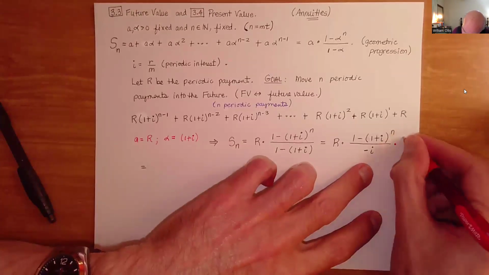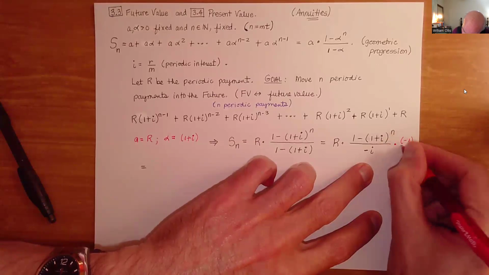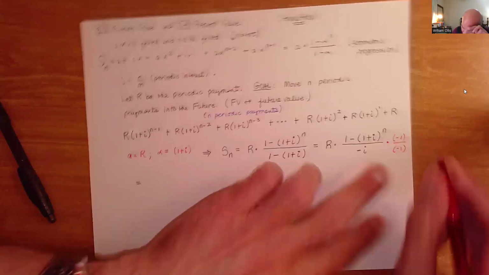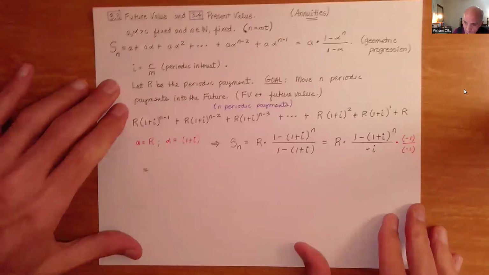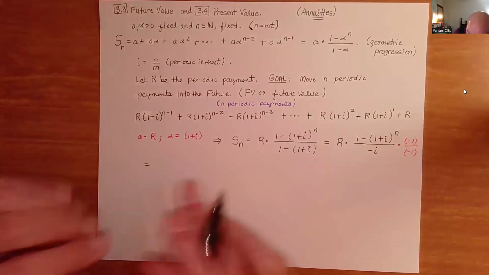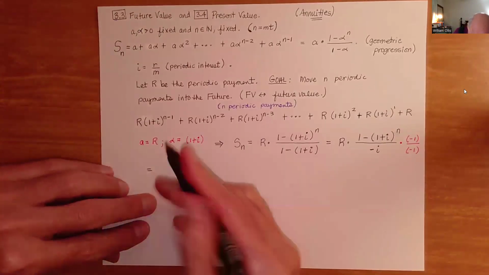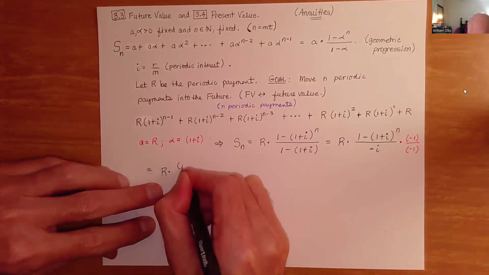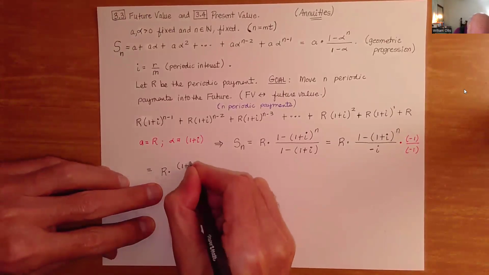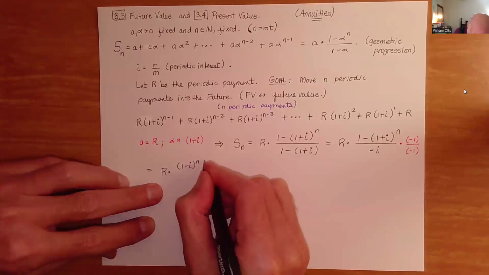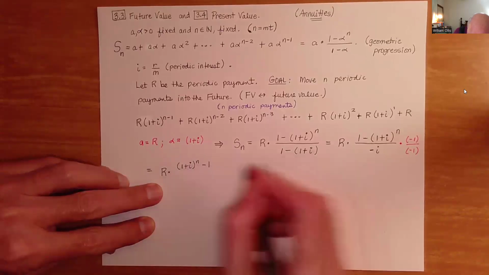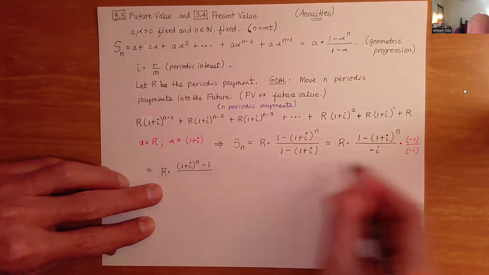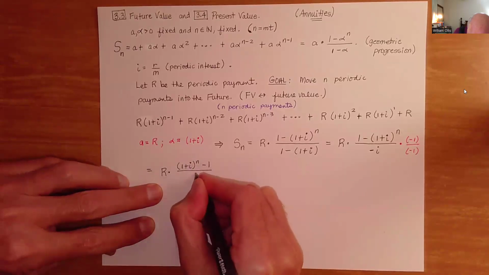Just to make the formula look a little bit more user-friendly, we multiply by -1 over -1. So now we get R times 1 plus I to the n minus 1. So that reverses. And then downstairs, we just have the I.